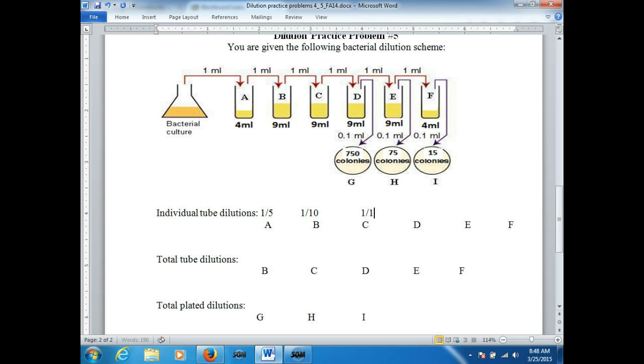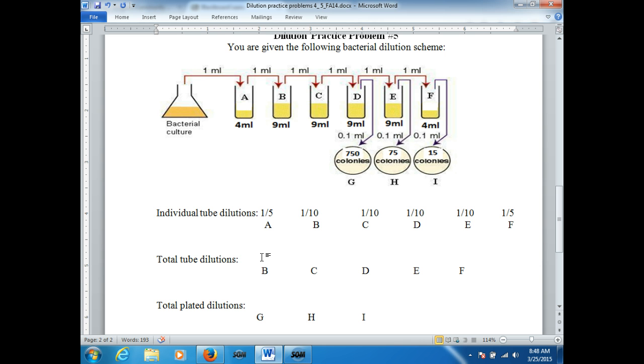I'm on example 5. It's on the back of your sheet that I handed out to you today, the one that you were just writing on. You with me? And you see the volumes in the tubes even look different.